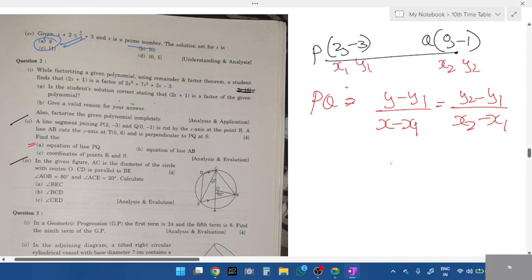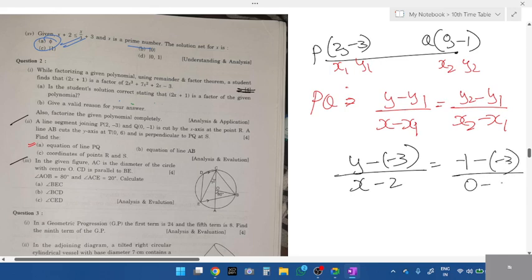What is the equation of PQ? Y minus y1, that is minus 3, divided by y2, which is minus 1, minus y1. x2 is 0 minus x1. x1 is 2.